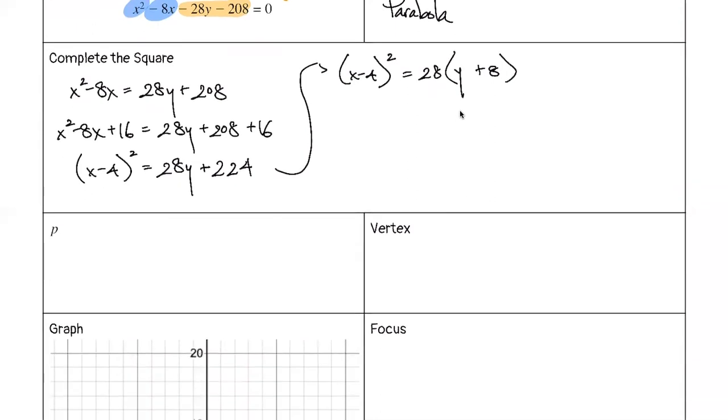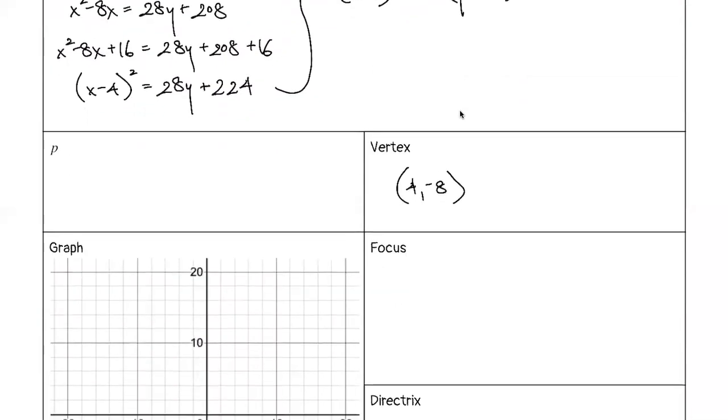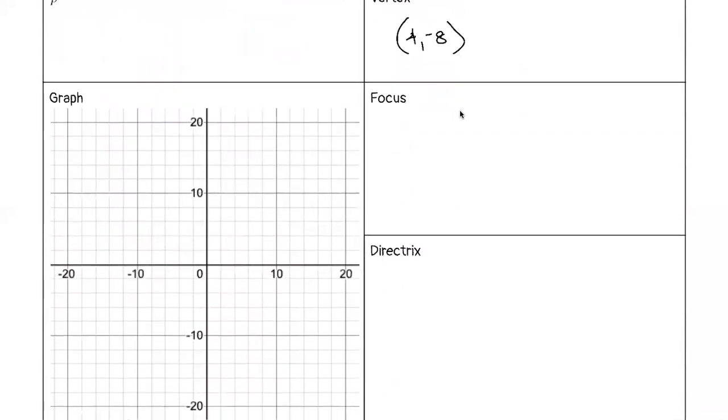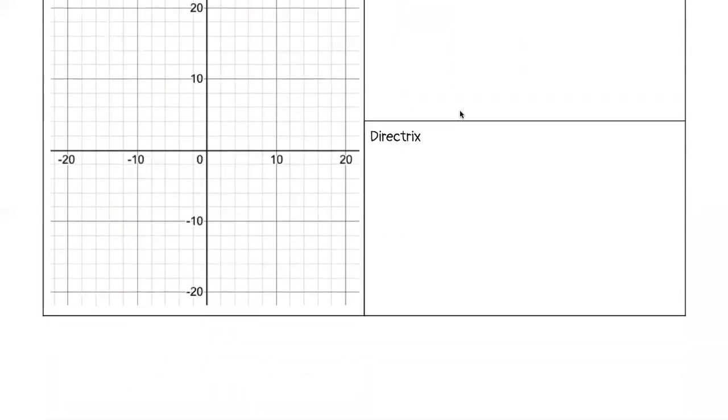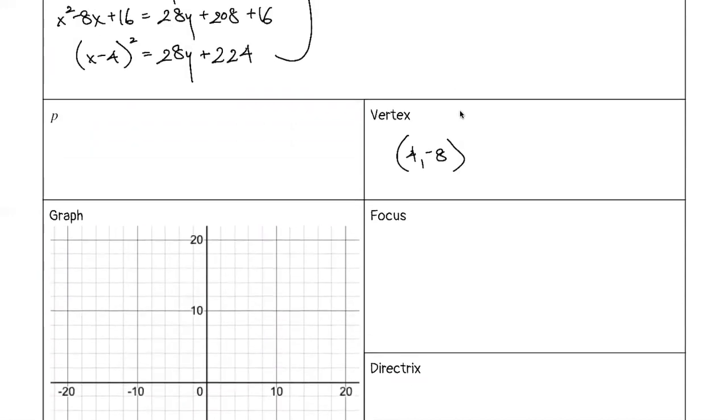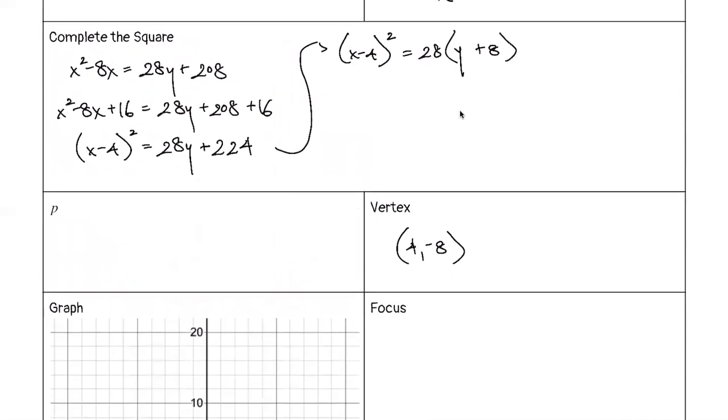All right, so from here, let's find our vertex. The vertex is going to be 4, comma, -8. All right, let's put that on our graph. 4, comma, -8. All right, let's use our equation to find p.